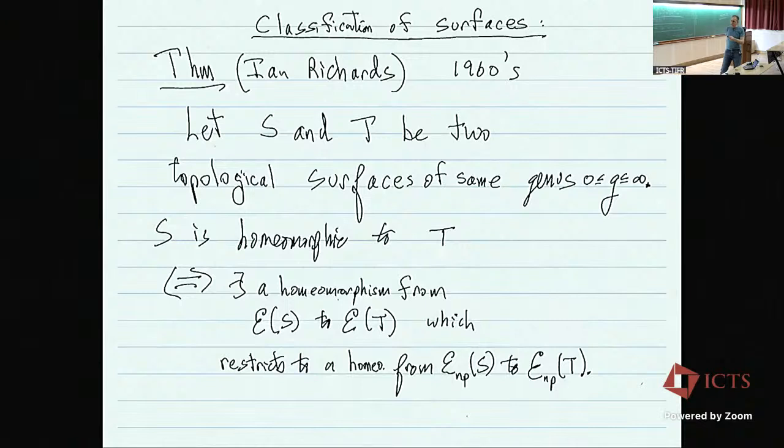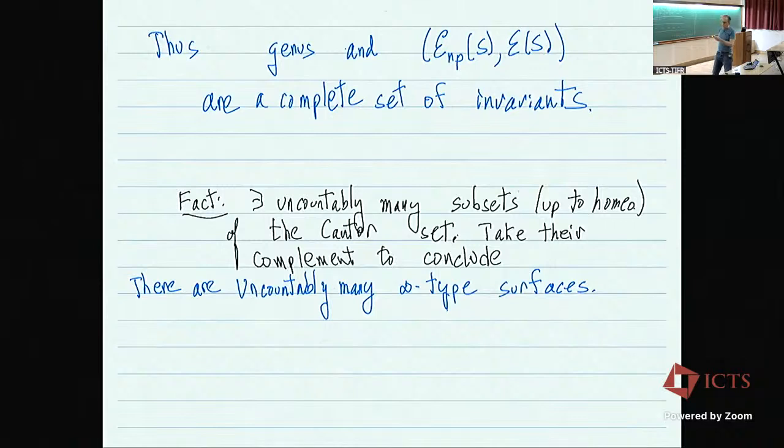Okay, so that's the classification theorem for infinite type surfaces. This is a complete set of invariants: the genus and then this pair. One thing to note here is that it's not hard to prove there are uncountably many subsets of the Cantor set up to homeomorphism.